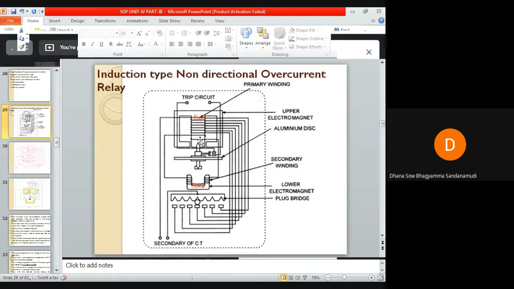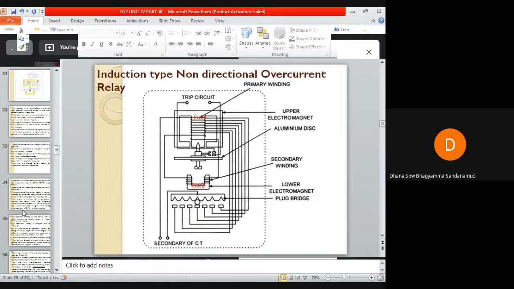But at a certain value of fault current, even though the fault current is further increased, the poles reach their saturation level. When the poles reach their saturation level, they can't produce more flux, so the flux will remain constant. So this is the operation of your induction type non-directional overcurrent relay.